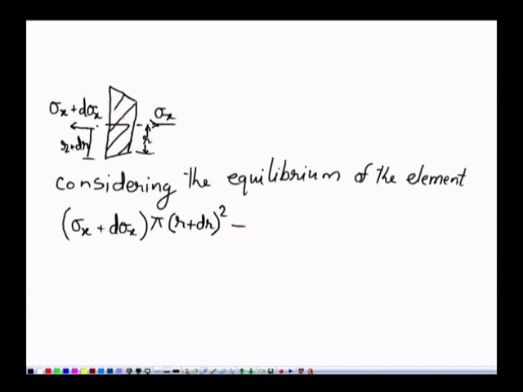This one is in the x direction. In the other direction, it is sigma x into pi r square.